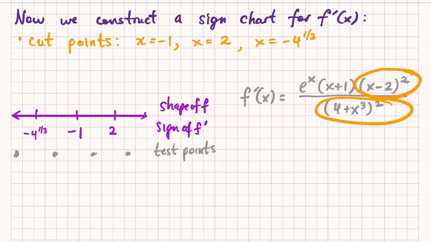The e to the x is always positive. The only factor that could possibly be positive or negative is x plus 1. All the other factors are positive, so they're not going to affect the sign of the whole thing. You really only need to look at that one factor, x plus 1. Everything else is irrelevant, which is really nice, right? So let's make a note of that.